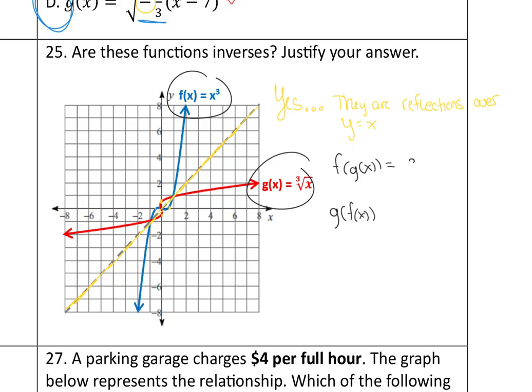And that would get me the cube root of x cubed. And cubes and cube roots undo each other to get me x. Same idea with g. It's the cube root of something, which is x cubed. And the cube and cube root undo each other getting me x. Because these both equal x, they are inverses. That's another justification.